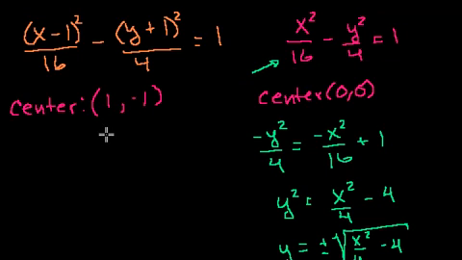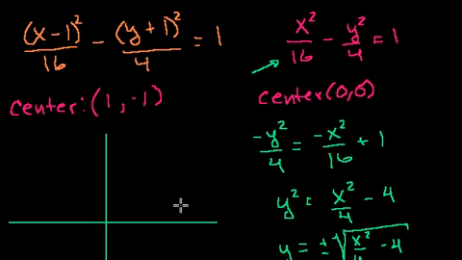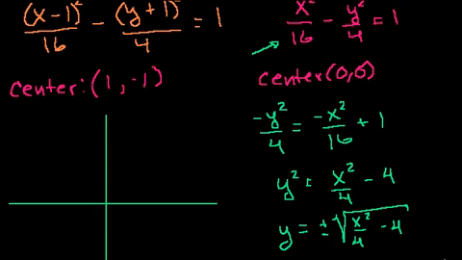So this is my y-axis, sorry, this is my x-axis. And the center of this is at 1, negative 1. So x is equal to 1, y is equal to minus 1. Fair enough.